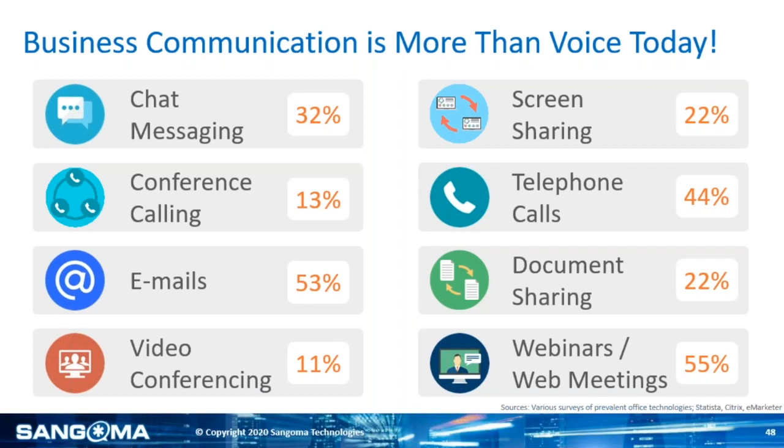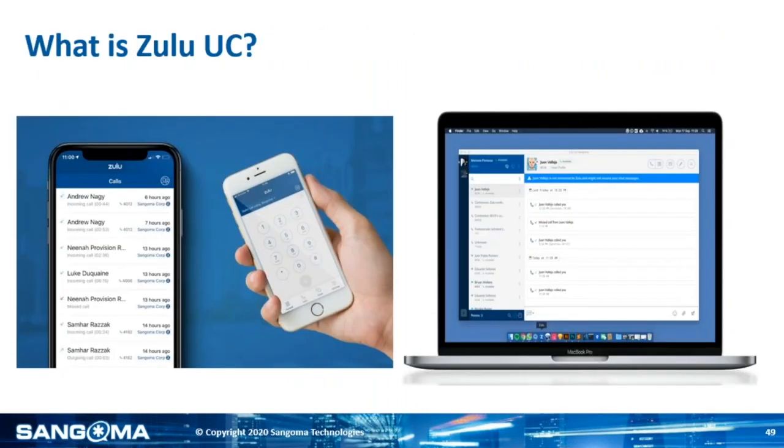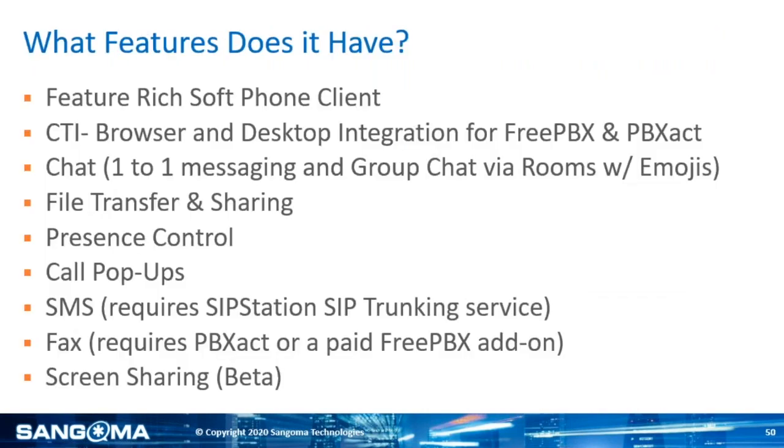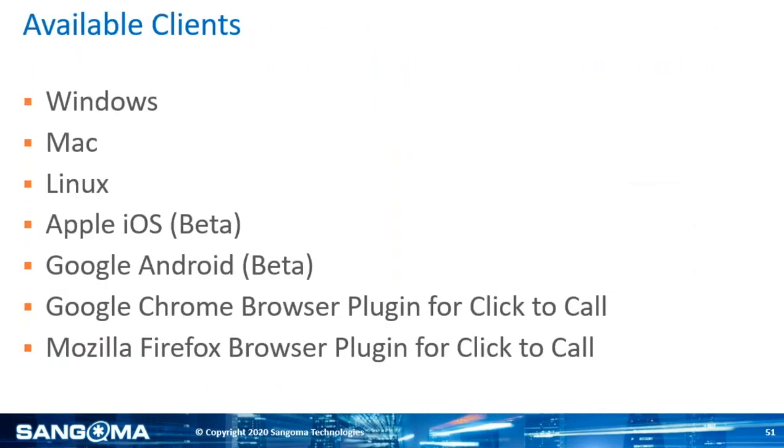So whether you're going to send them a quick chat, whether you're going to call them, maybe call them on their mobile phone, and you can use this on any of the major available clients. We don't support Windows Phone or BlackBerry, but at least on the desktop: Windows, Mac, and Linux.